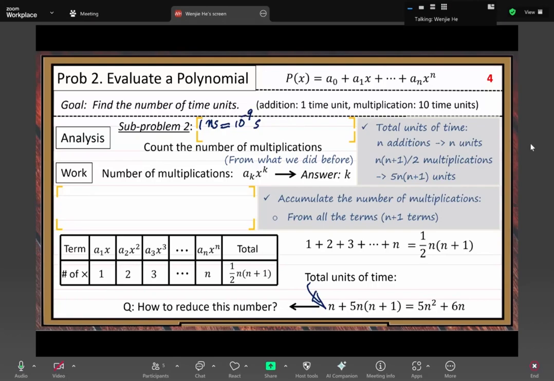So for the whole polynomial, we have a good chance we can do better than the brute force method. Next we need to look for a better algorithm and reduce this number. That's our goal, the question for our next problem.